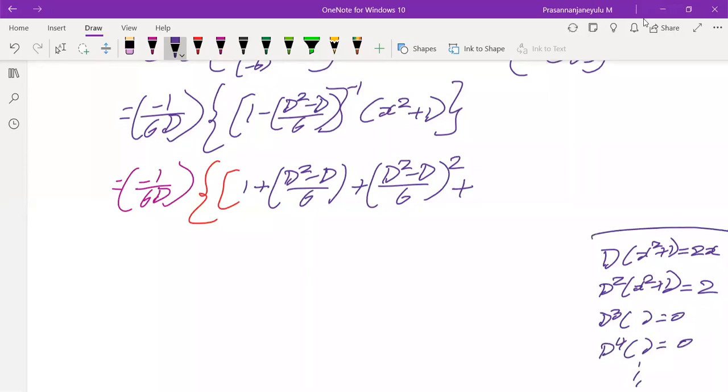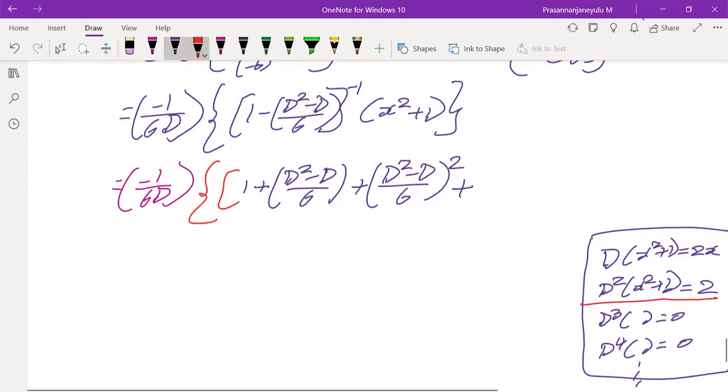But in this, up to what extent does the derivative exist? Up to the second derivative. So because it exists only up to the second derivative, we have to take only up to whole power 2, and so on, of x square plus 1.